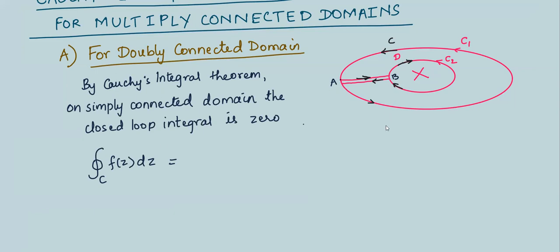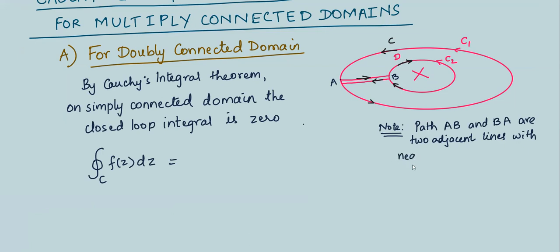This gap, path AB and path BA, are two adjacent lines with negligible distance between them. So that means the area is 0.